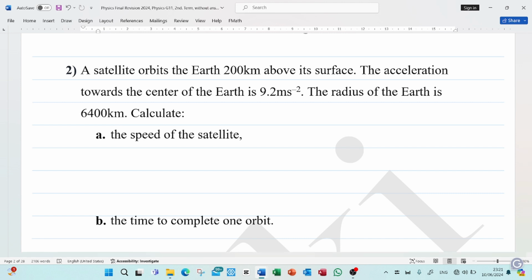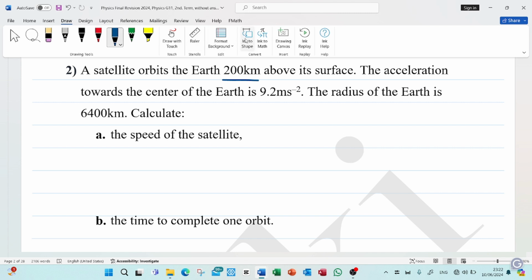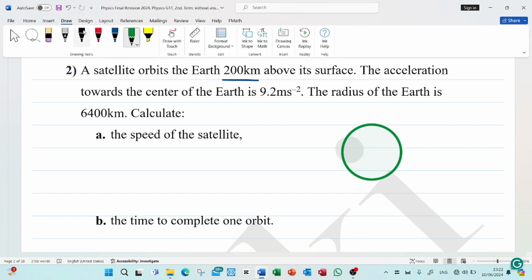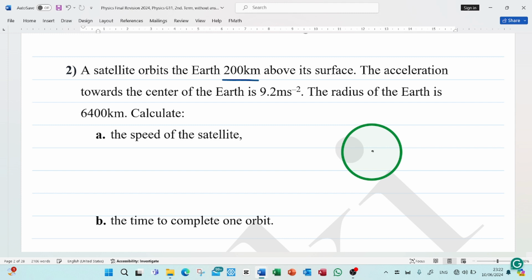A satellite orbits the Earth 200 kilometers above. Then we draw the circle. So we draw the Earth here, and the circle. So this is the center of the Earth, and this is the radius of the Earth, denoted by R capital, and this is the height of the satellite, denoted by H. This is the satellite here.